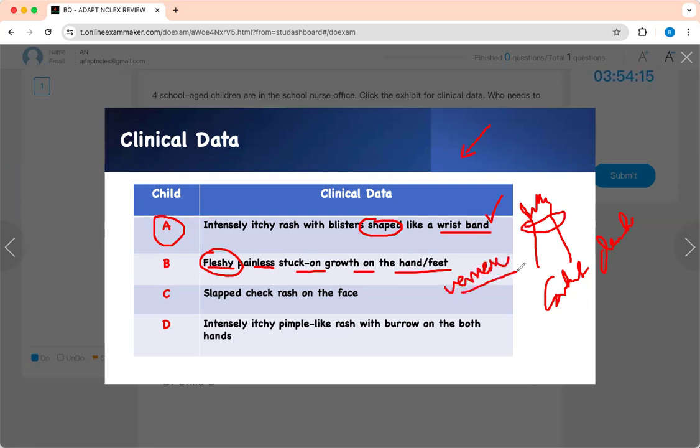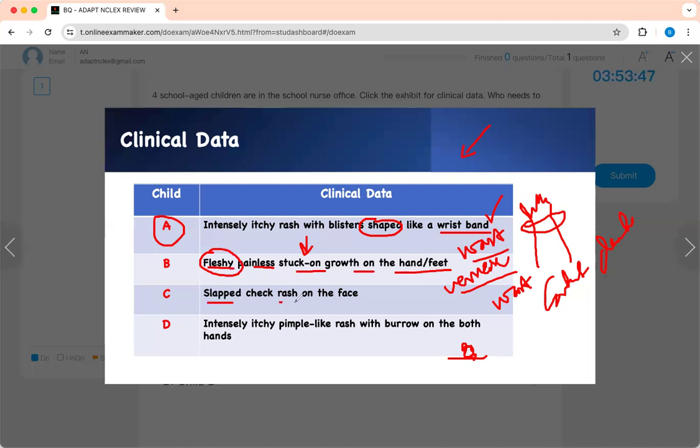Stuck-on is an idea. If this is the skin, you see the thing is stuck on like that and looks fleshy, and it's on the hands and feet. This is a wart. There's nothing to do with it. We just have to find some nitrogen and freeze it.